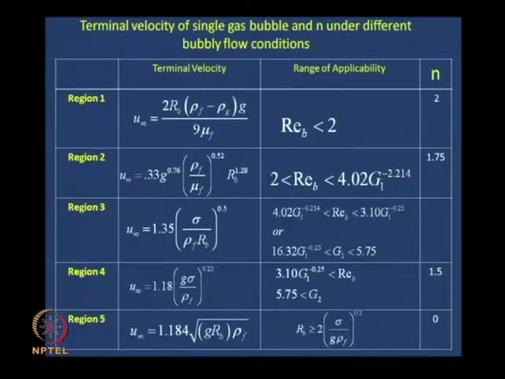Since they are quite large, there is a wake effect, they are very much entrapped into each other's wake, and the situation appears as a very random sort of distribution, and therefore the u infinity under this case is not a function of the equivalent bubble radius.